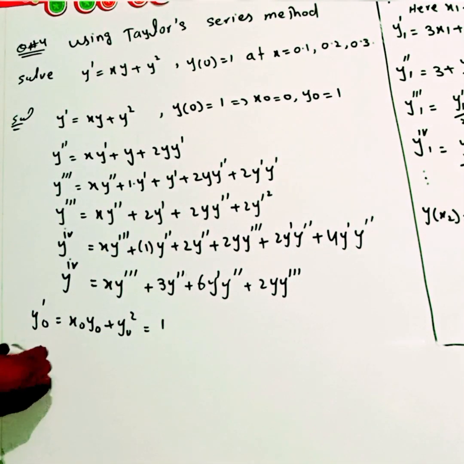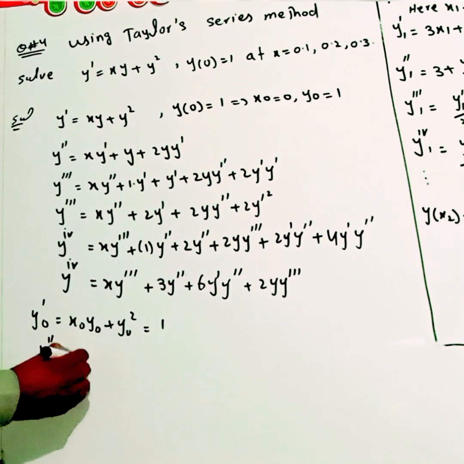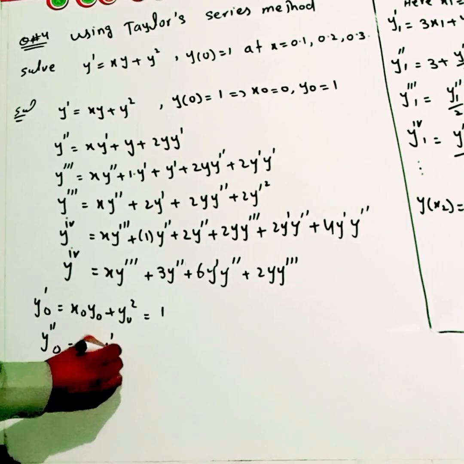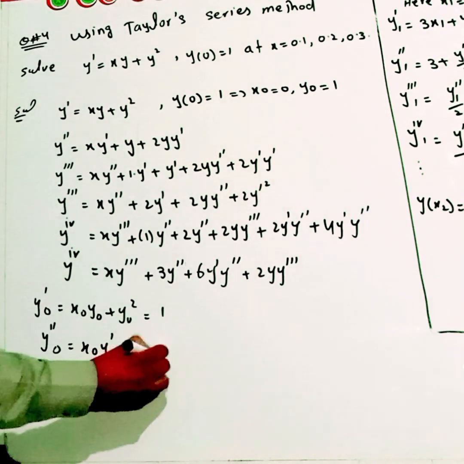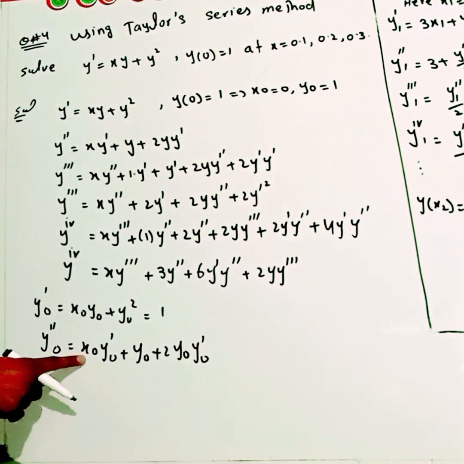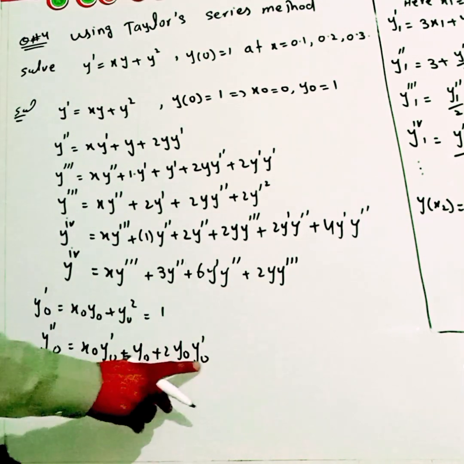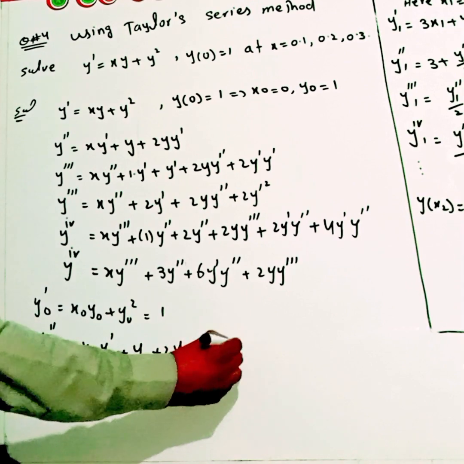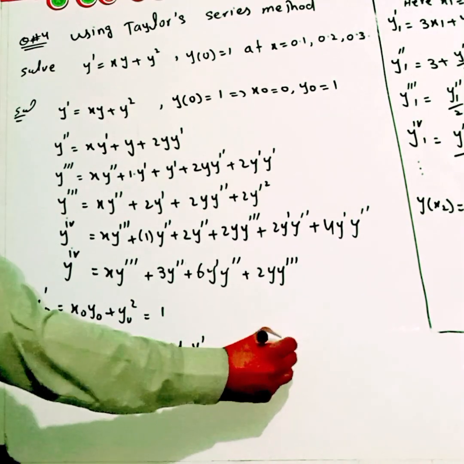Now again y double prime naught is equal to x naught y prime naught plus y prime naught plus 2y naught y prime naught. X naught is equal to 0, this term will vanish, and y naught is equal to 1, 1 multiplied by 1 multiplied by 2, which is equal to 0 plus 1 plus 2 is equal to 3.